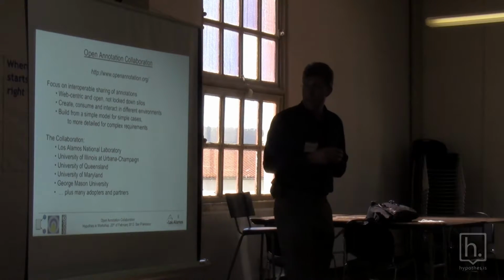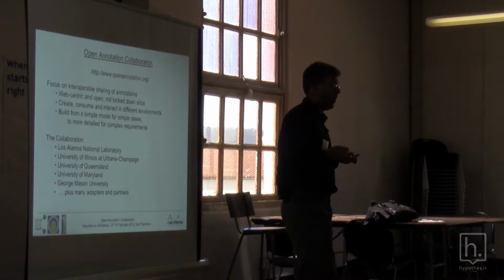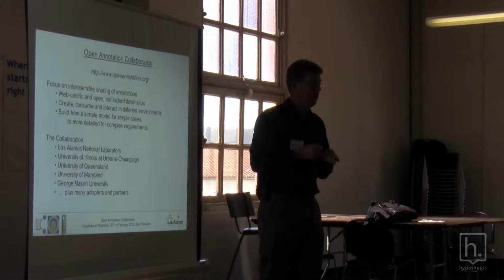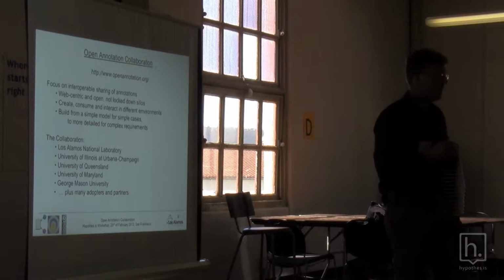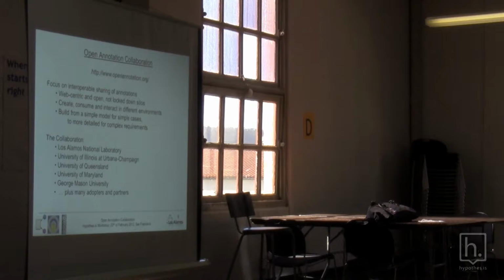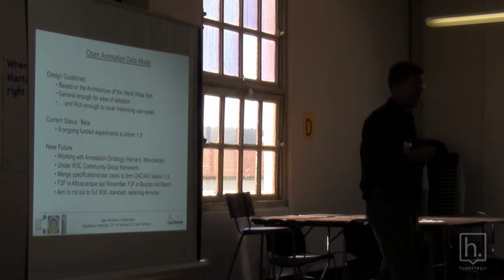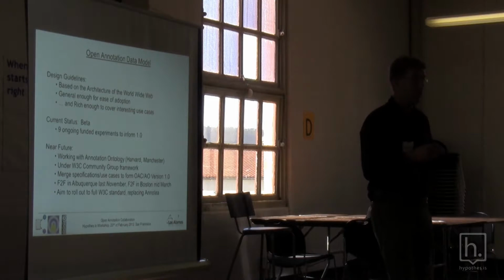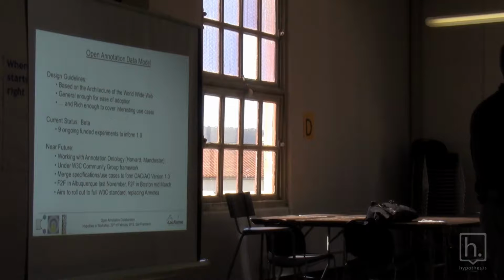So the collaboration is the Los Alamos National Laboratory, the research library there, University of Illinois Urbana-Champaign, University of Queensland in Australia, University of Maryland and George Mason, plus many, many adopters and partners. Our design guidelines are based on the architecture of the World Wide Web. Hopefully they're general enough for adoption, but rich enough for use cases.